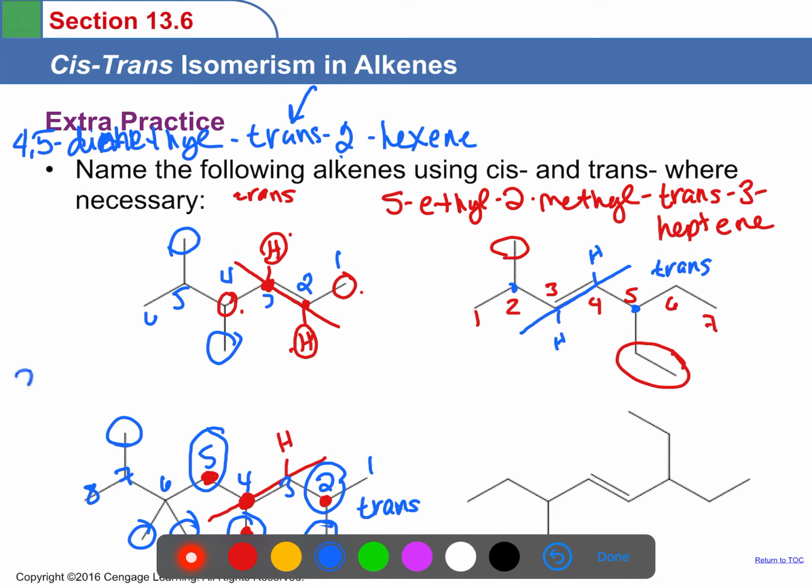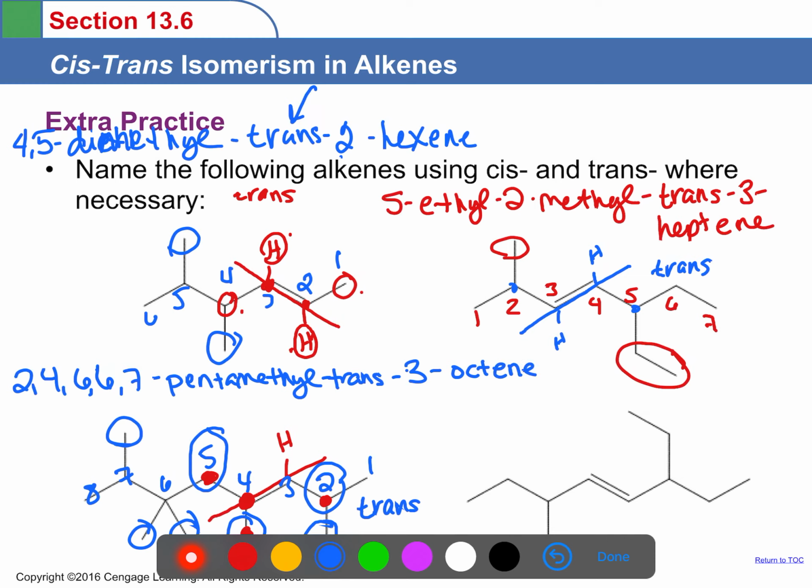So we've got 2, 4, 6, 6, 7. That's 5 groups, so it's penta. The group is methyl. It is trans. Double bond starts on number 3. 8 carbons is oct. Double bond is ene.